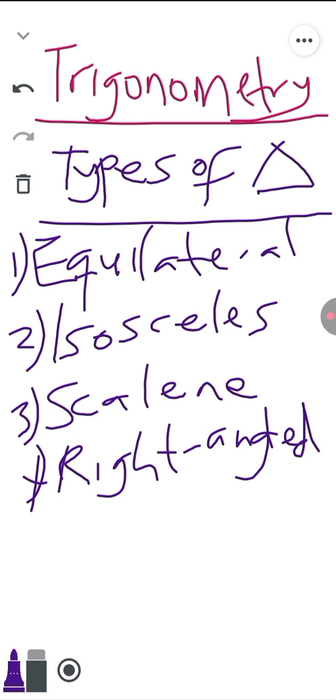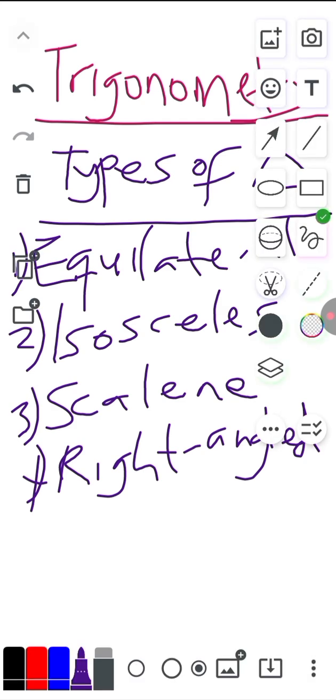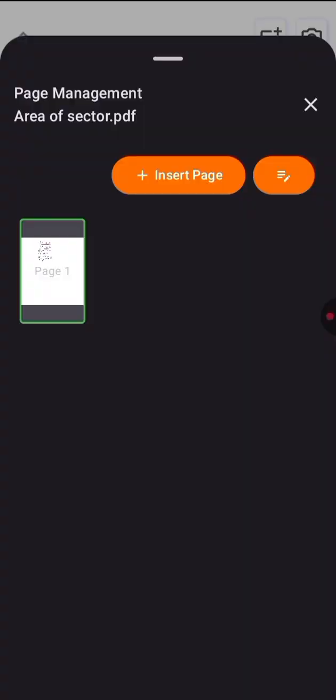Then the right angle triangle, which is our focus for today. It's a triangle with a right angle. That's what we're measuring first.